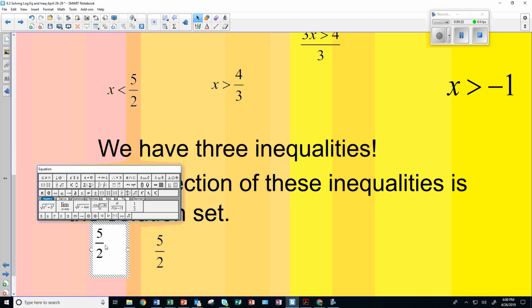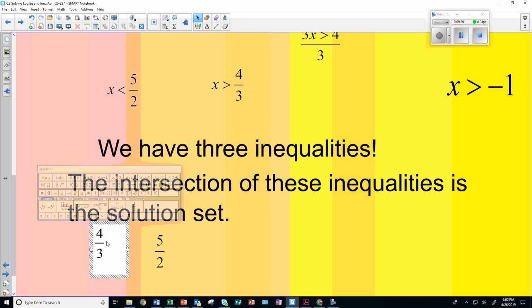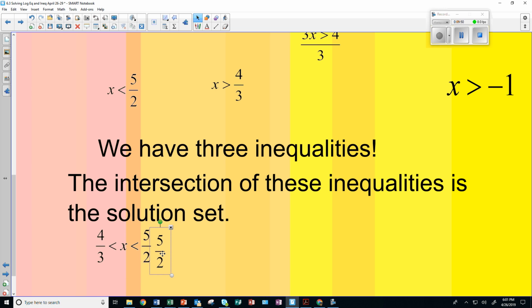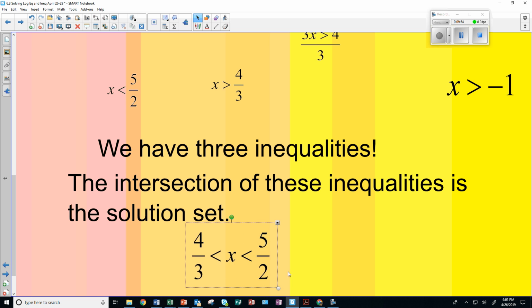Remember, x has got to be bigger than 4/3, while at the same time, it's got to be less than 5/2. And so there's your answer. It's the intersection of the three.